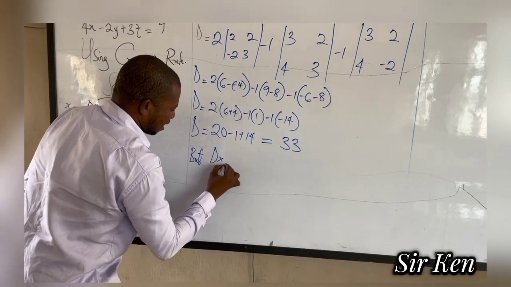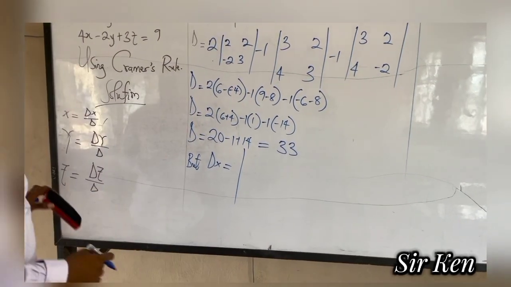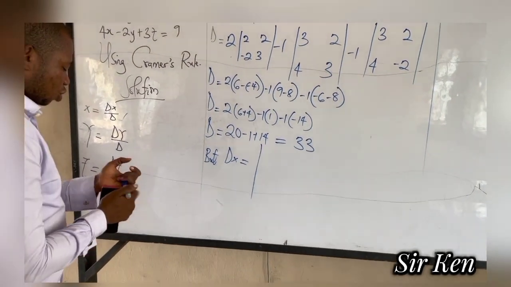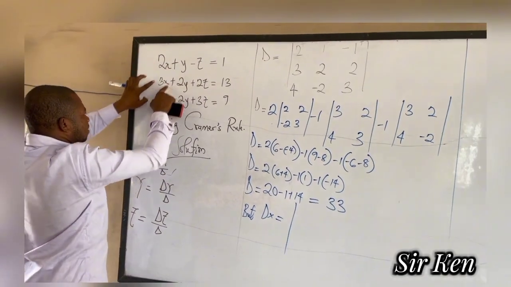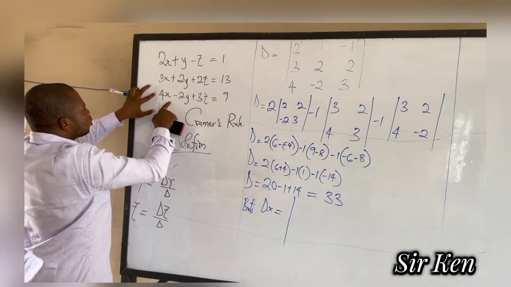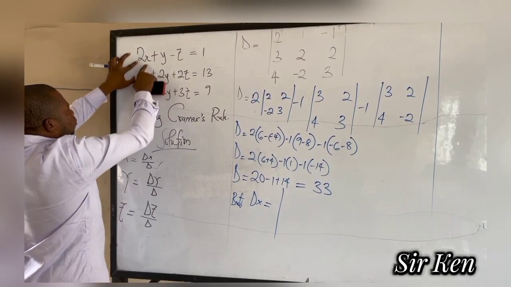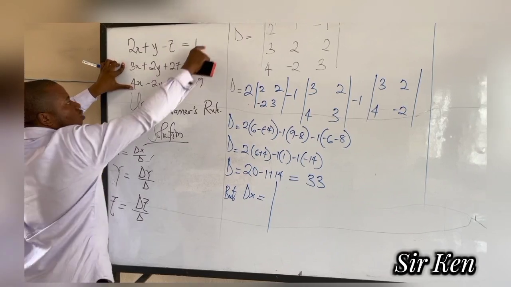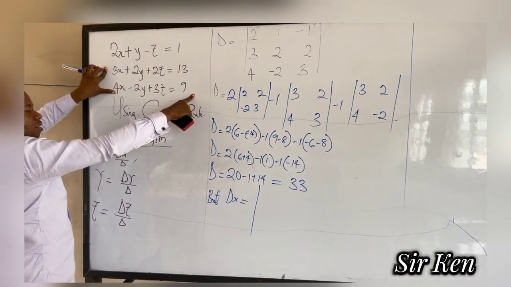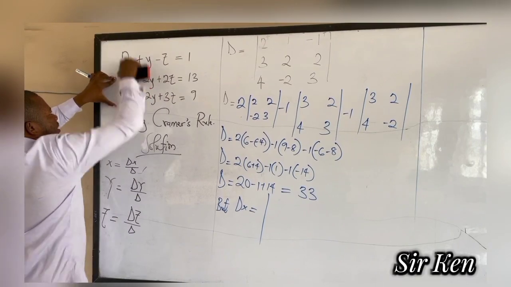The X is equal to the determinant of, now watch, anything that has to do with the X, we are making reference to X here. We don't need the coefficient of this X. We are substituting the coefficient for the constants we have here. So I'm going to use this constant to replace what I'm having here.